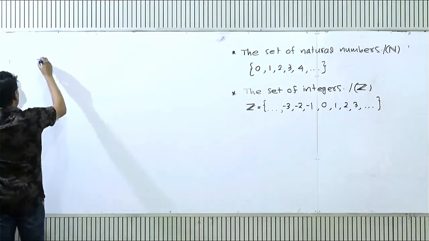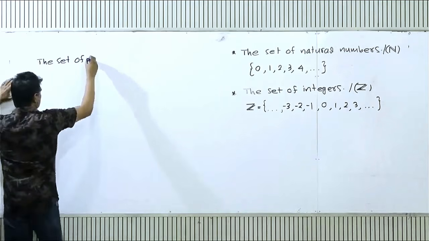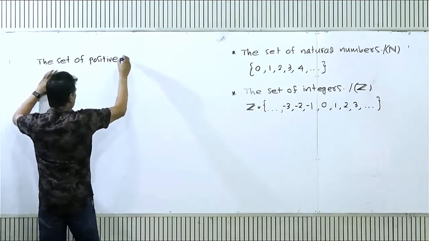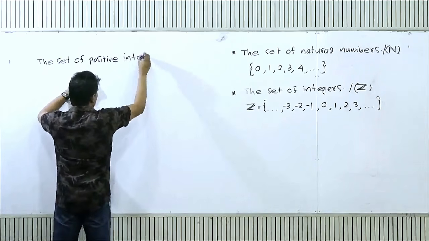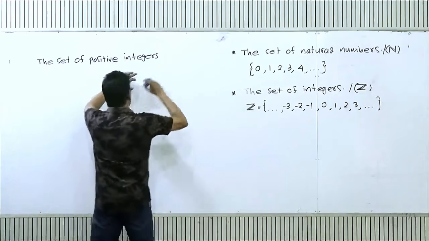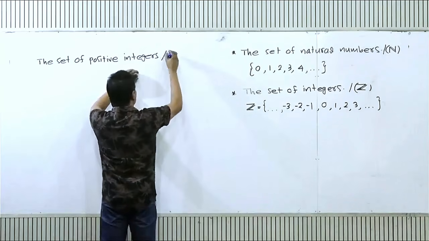First one, the set of positive integers. This is the notation of it.